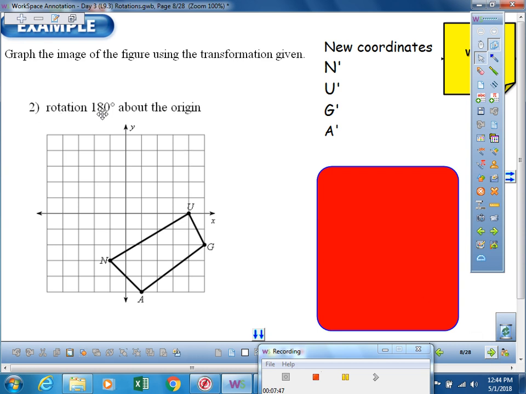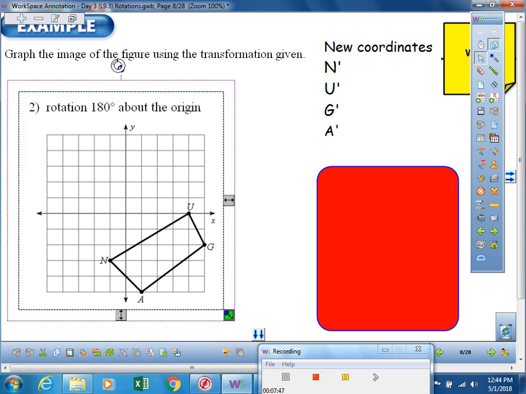I want you to write rotation 180 degrees about the origin above the next graph. Okay, how are you going to turn your paper? Upside down.